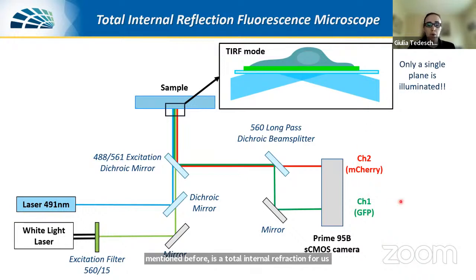Since we had a double tag with mTRI and GFP in the system, we have a double laser excitation: one laser to excite the GFP and one white laser with an excitation filter to excite the mTRI. And as I mentioned before, this particular way of illumination highlights only what's happening at the membrane of the cells. And for the acquisition, we were using a CMOS camera.